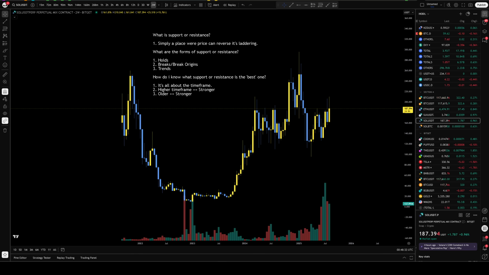It might be a long or a short position, but it means the money they left sitting there, they just don't care about it. They're not using it, they're not cycling it. Therefore they have a lot of it. So basically, the higher the time frame, the stronger. The older, the stronger.